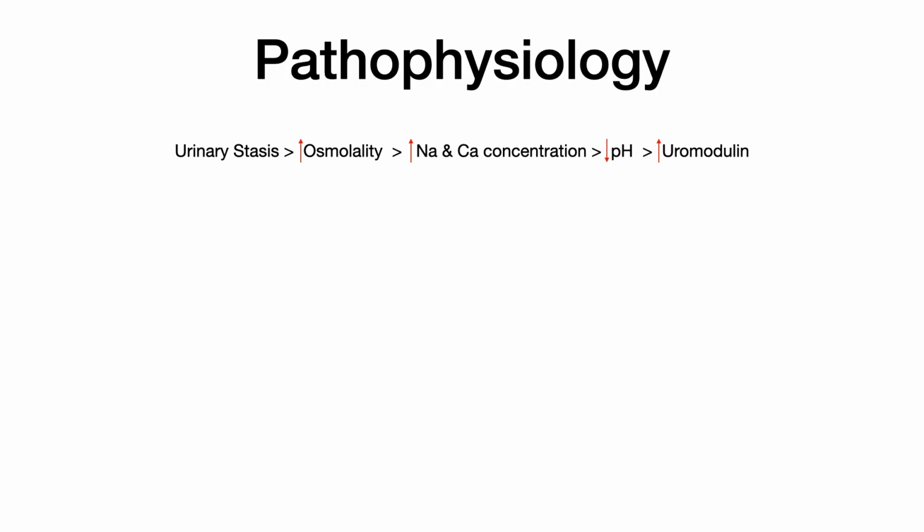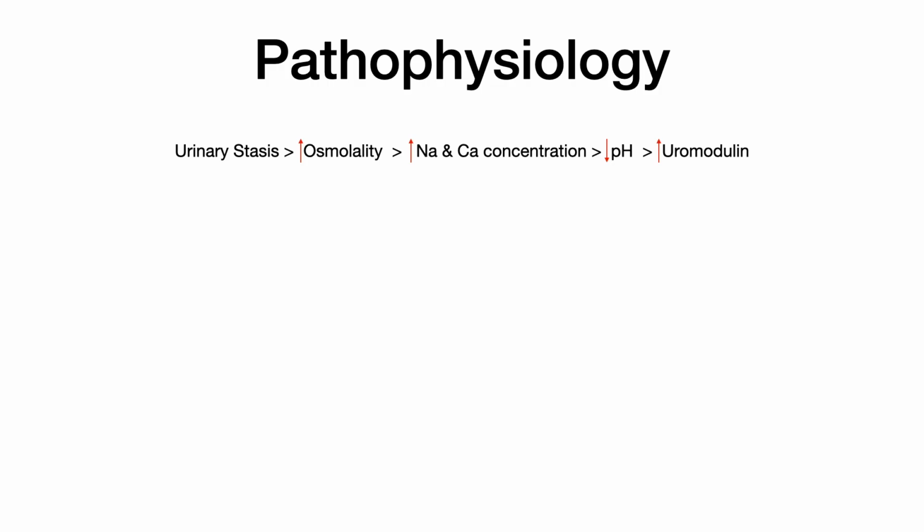But something happens, and we don't worry yet about what that something is, which causes urinary stasis. Once we have urinary stasis, that increases osmolality. Once we have an increased osmolality, we have increased sodium and calcium concentrations. When that happens, our pH drops, and when our pH drops, we get increased levels of Tamm-Horsfall mucoprotein, also known as uromodulin.